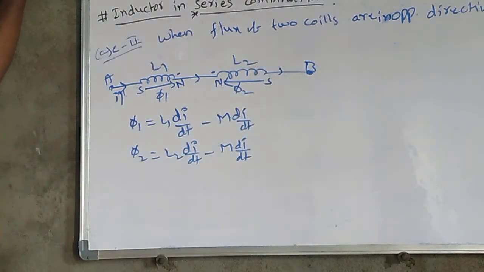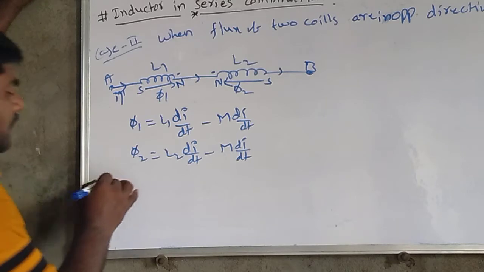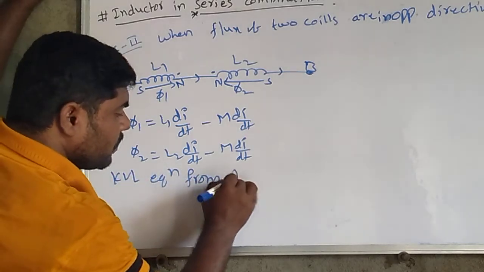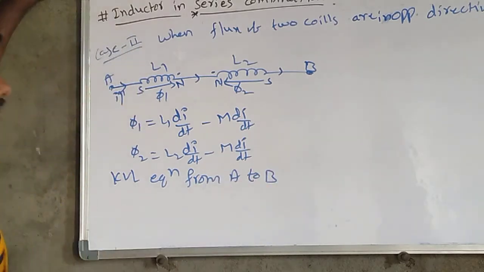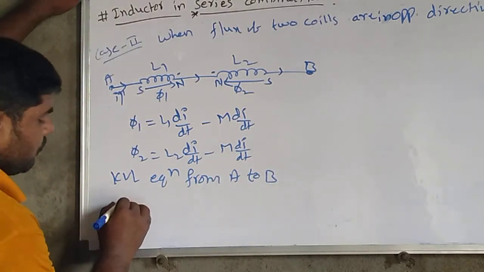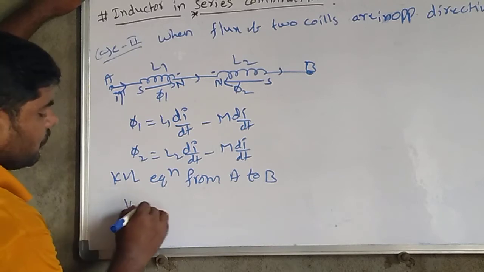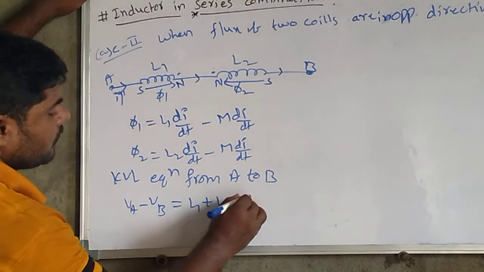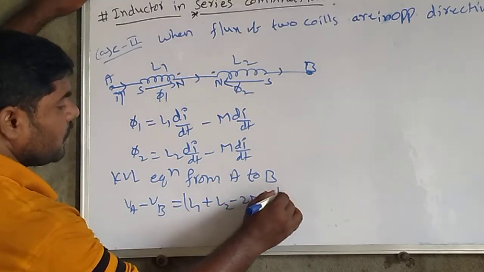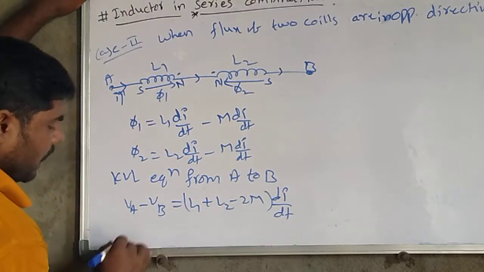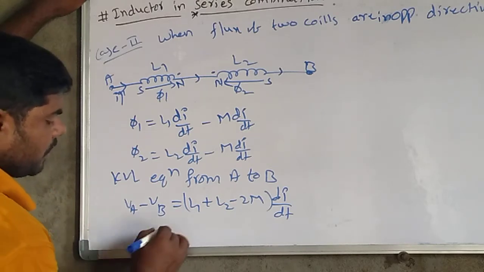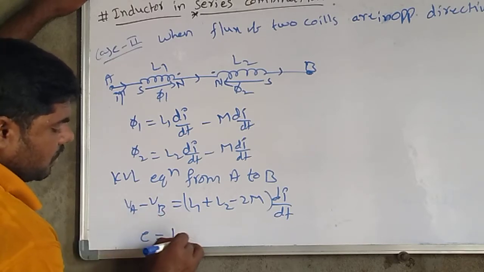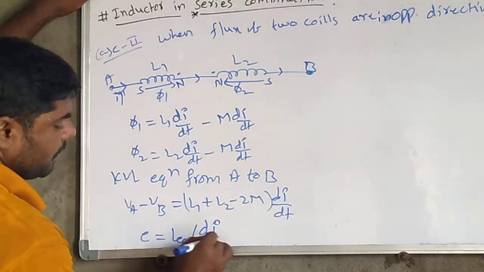Here you may apply the KVL equation from A to B. VA minus VB is equal to L1 plus L2 minus 2M into di by dt, and you may compare this equation with EMF VA minus VB equal to L equivalent into di by dt.